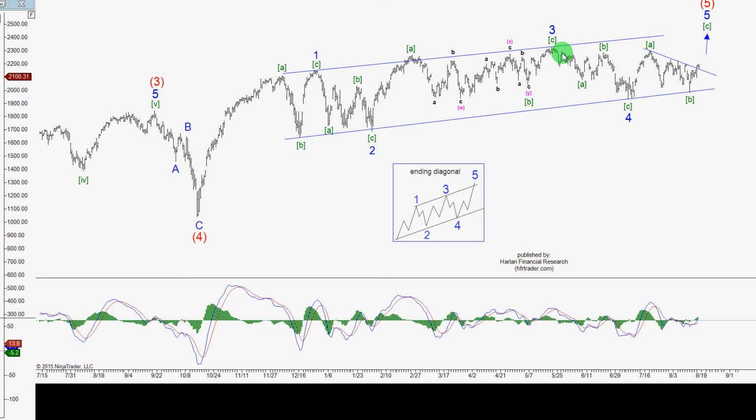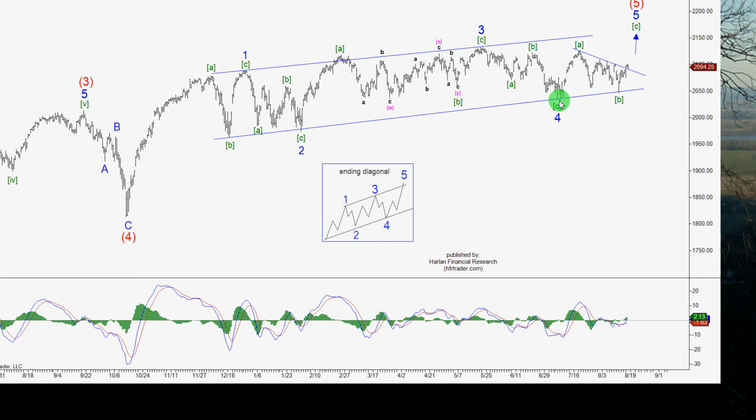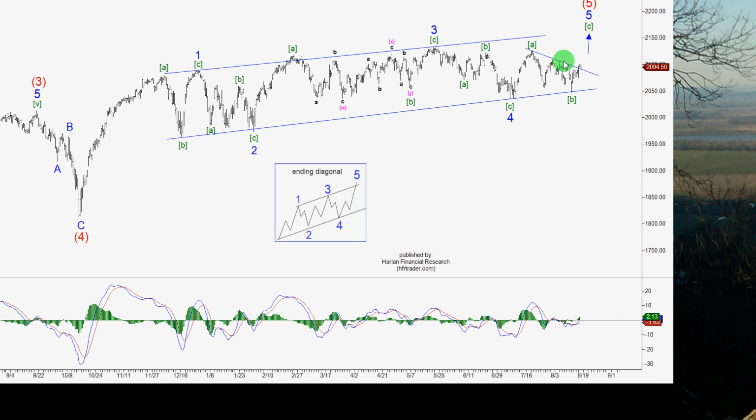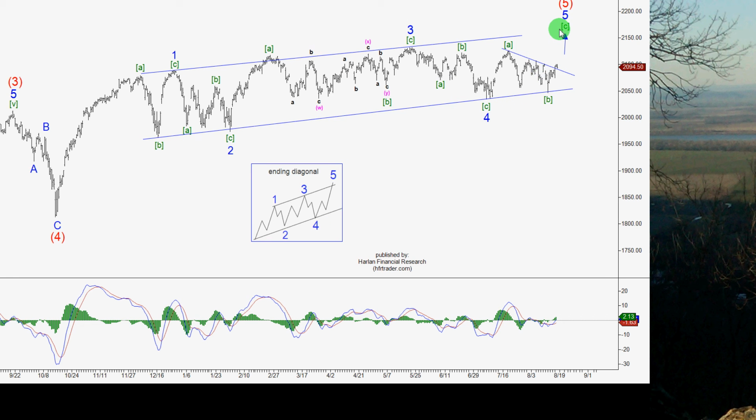However, what's taken place since then is not bearish. This is not an impulse reversal off of this high. So we assume that we still have 3 waves up of wave 5 left to go, which is how we're trading it and how we have this chart labeled.